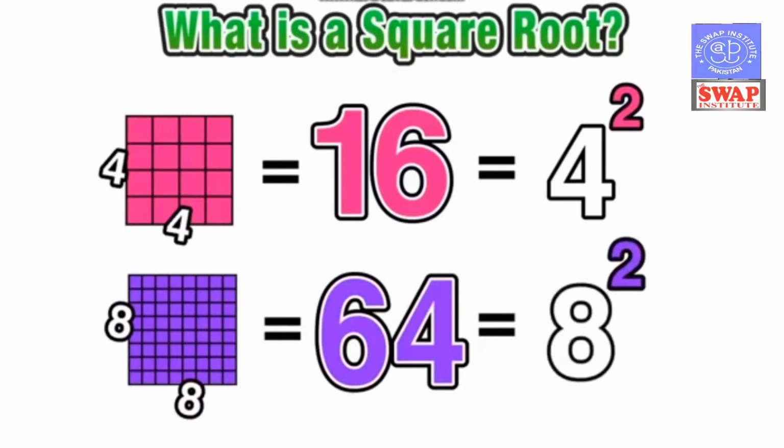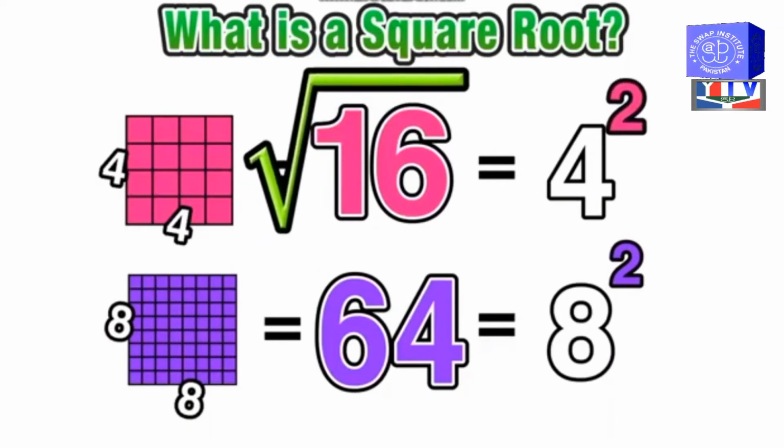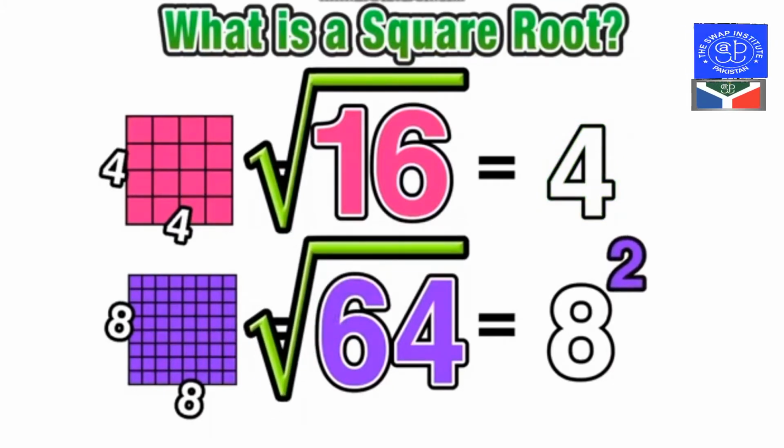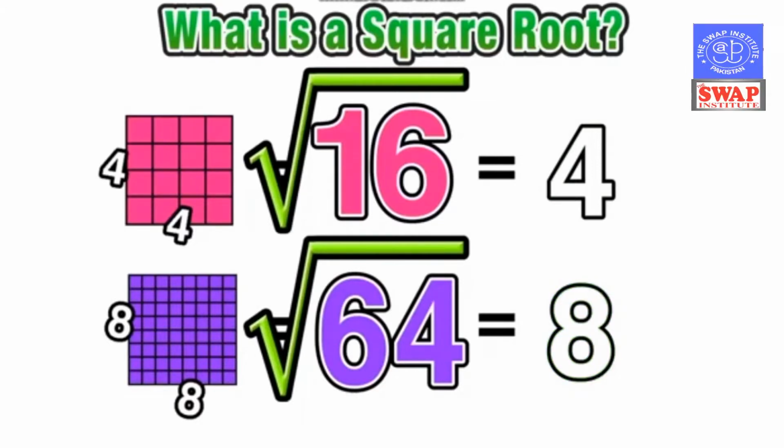This is also a whole number. If I want to take the square root of 16, I will have 4, and if I want the square root of 64, I will have 8. 4 and 8 are both whole numbers. Now you have understood the relationship of perfect square and square root.